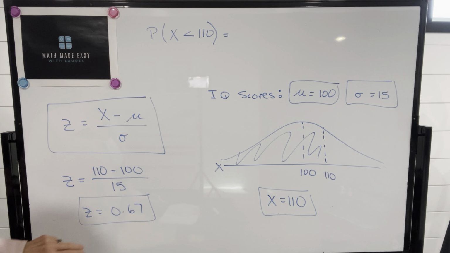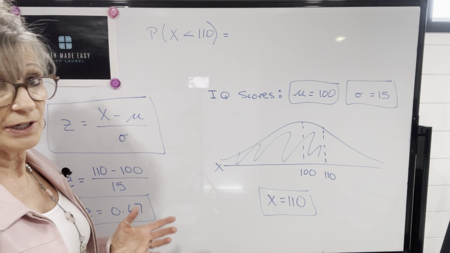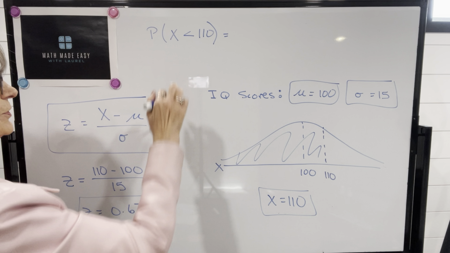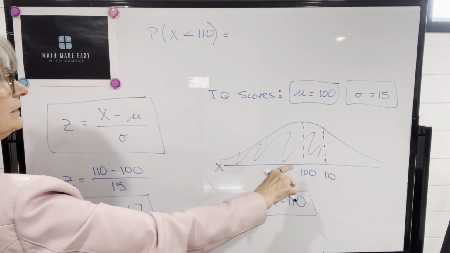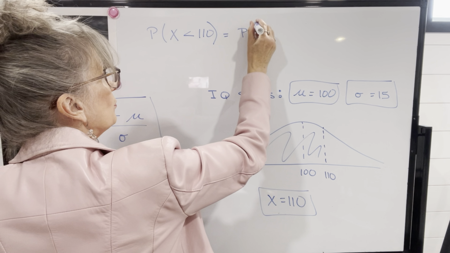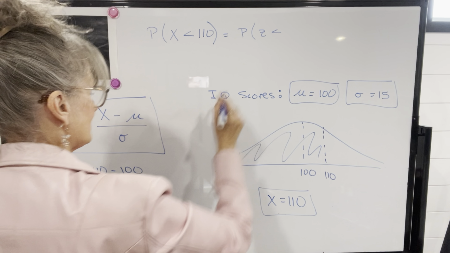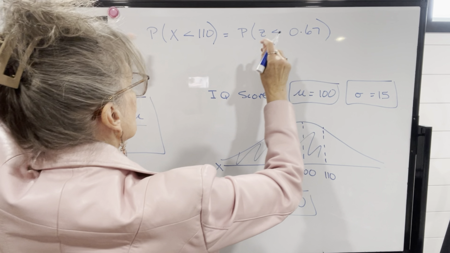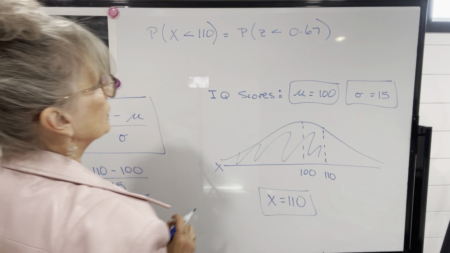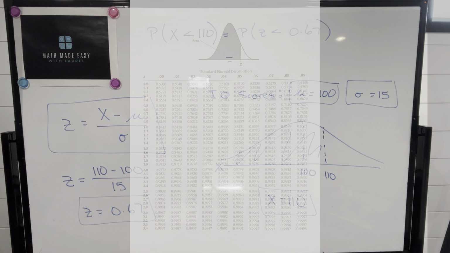Now that I have a Z score, I can find the probability by using my tables. First of all, understand that when I'm finding the probability that X is less than 110, it's the same as finding the probability that Z is less than 0.67. So we changed our X score to a Z score. Let's look that up on our table.